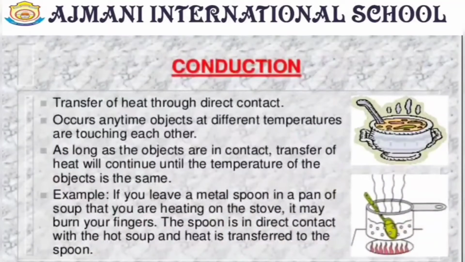Number one, conduction. Transfer of heat through direct contact is called conduction. Here, in this process, heat is transferred from the hotter region of an object to the colder region by the collision of constituent atoms or molecules.